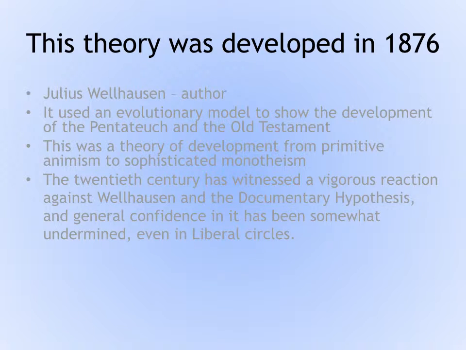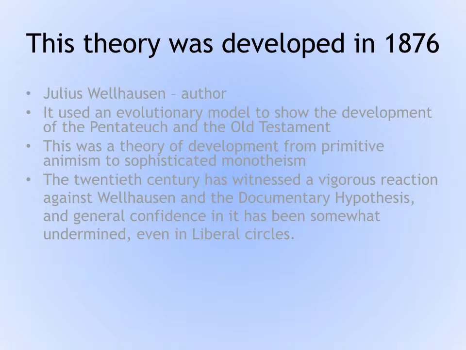But this theory developed by Julius Wellhausen, or really synthesized by Julius Wellhausen, really did use an evolutionary model, and that was in vogue in that day. Charles Darwin's evolution, the natural selection, the whole idea of the species, simple species evolving into more complex species.